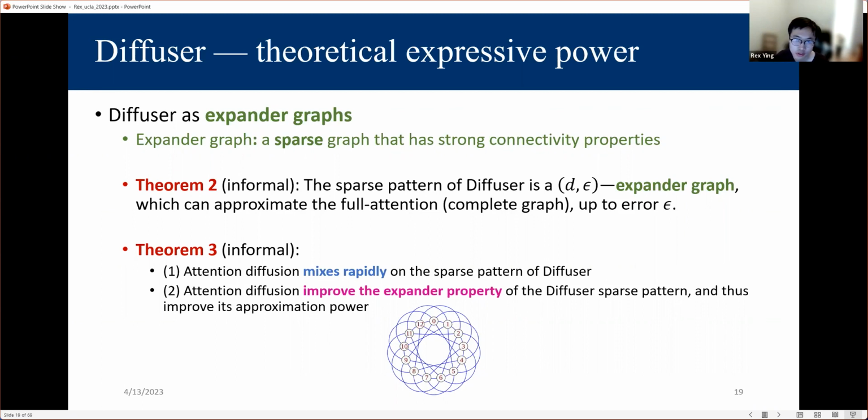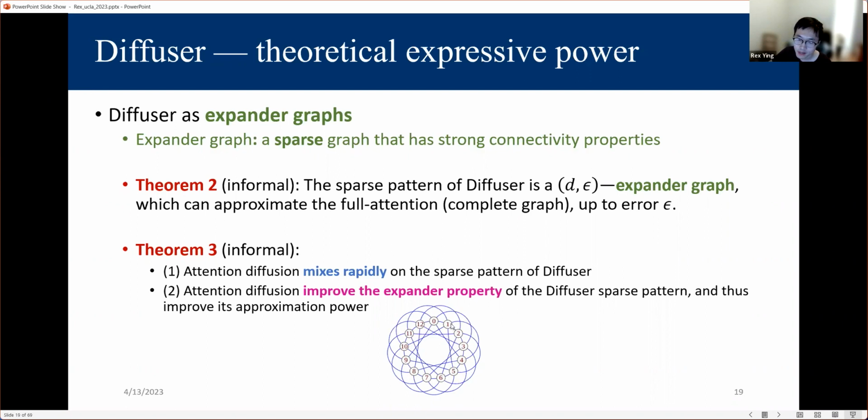Here we use a notion called expander graphs, which is a common technique to describe a sparse graph that has strong connectivity patterns despite its sparsity, right? For example, an example of a sparse expander graph is drawn below. There aren't that many edges compared to the quadratic number, like 12 or 13 squared, for example, but the nodes are very closely connected, right?